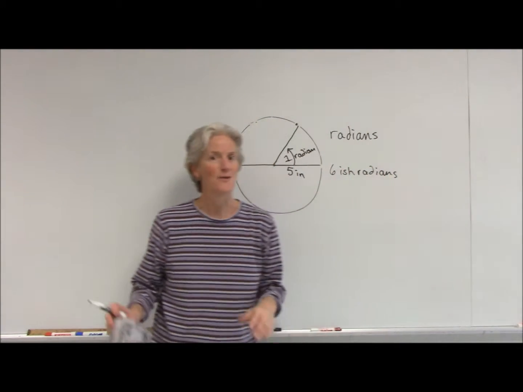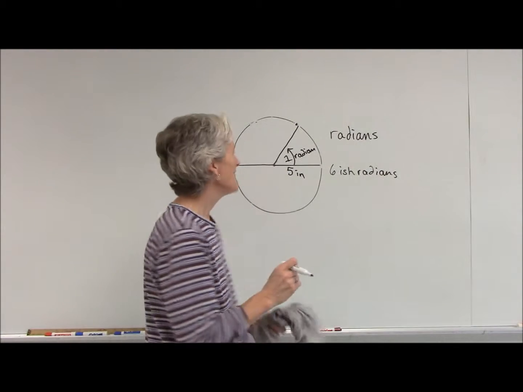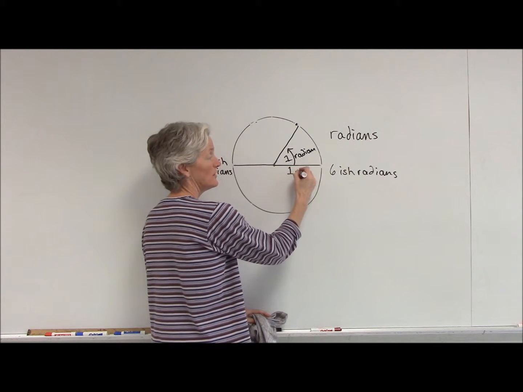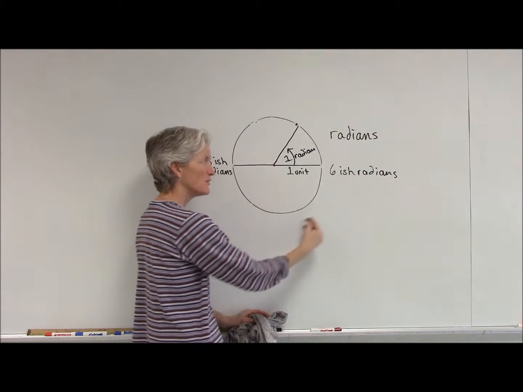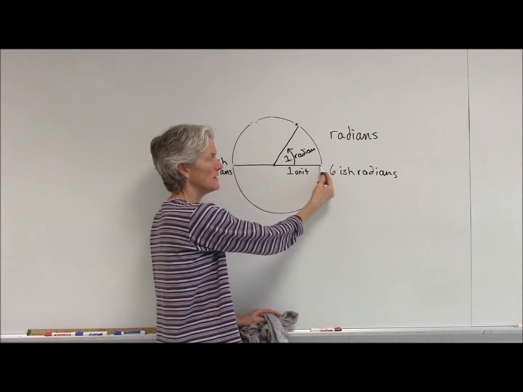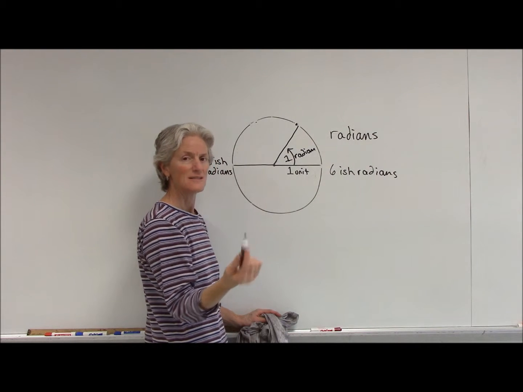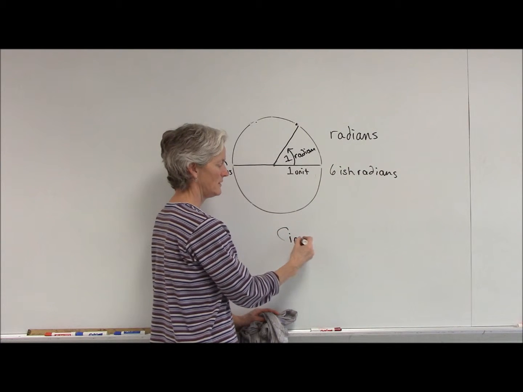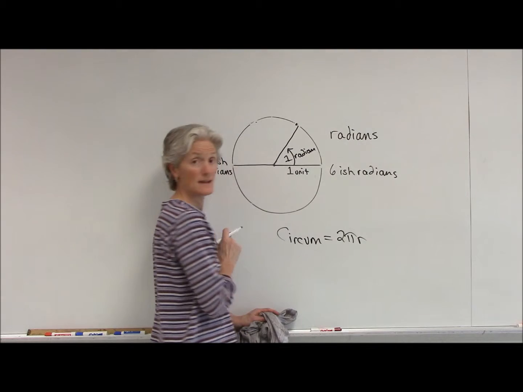Circles always have what in them? Pi! And if we think about this being a unit circle, I can think about the circumference of this circle as being 2 pi r. If you remember, the circumference of a circle is 2 times pi times the radius.